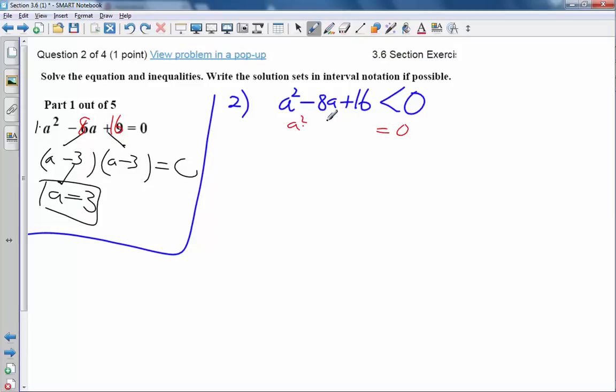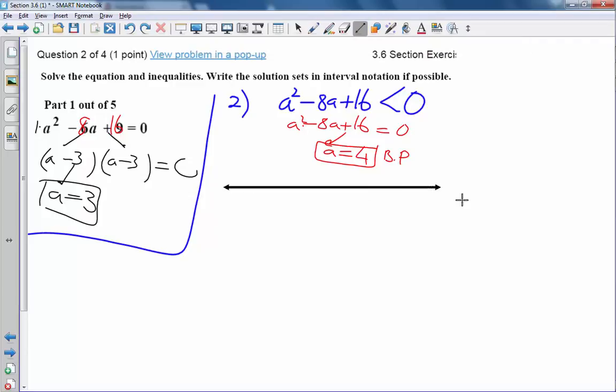And it turns into this. And then solve. Well, haven't we solved it already? So I'm copying from the left side. Factor and solve, you get a equals 4. This is your boundary point, the boundary point on the chart you're supposed to make.